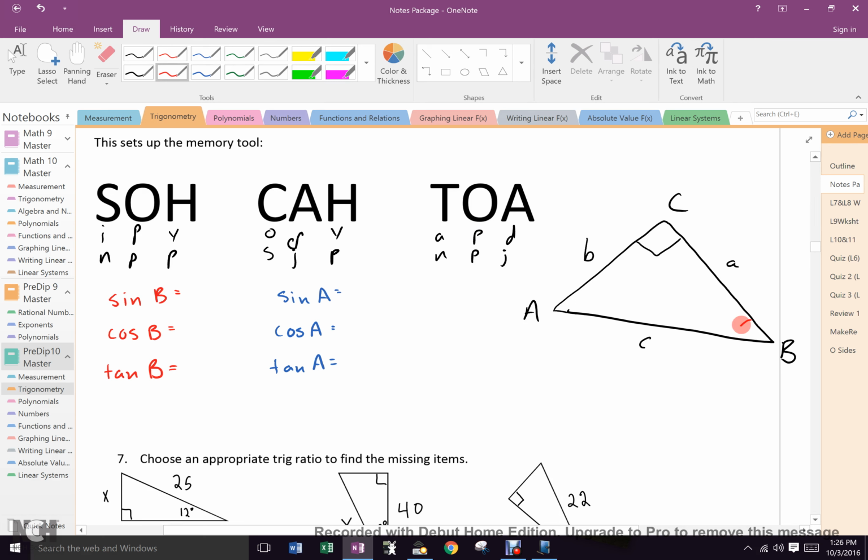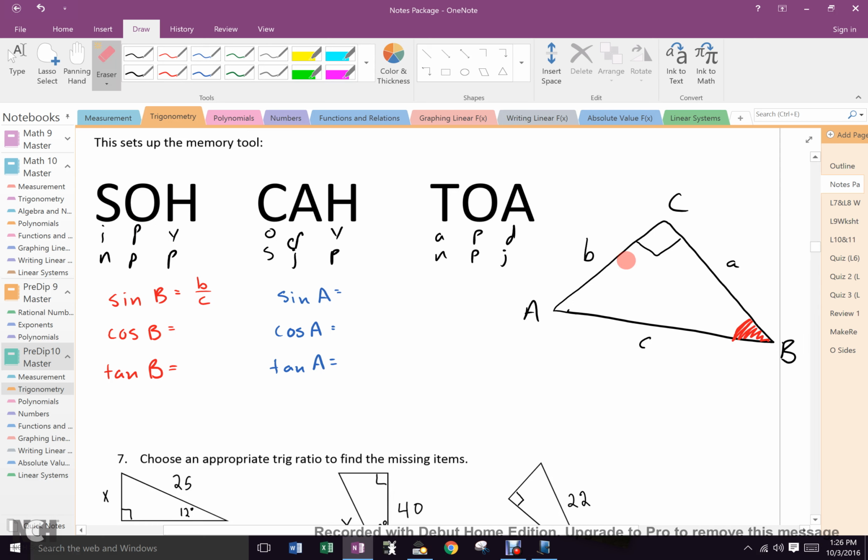Here is B, and I'm going to highlight him in red because I used red to write it out. Sine is opposite and hypotenuse. So I look opposite, I look hypotenuse, and I put B over C. Cos is adjacent over hypotenuse.